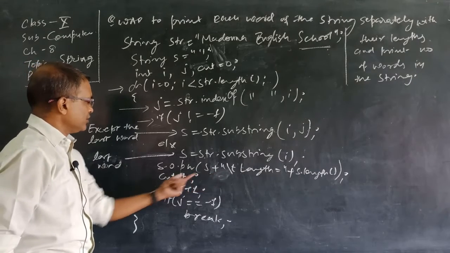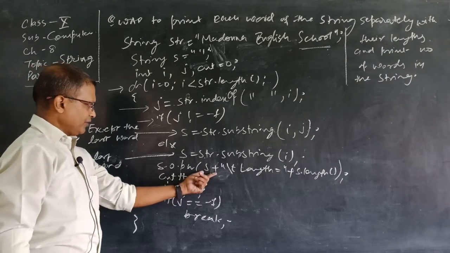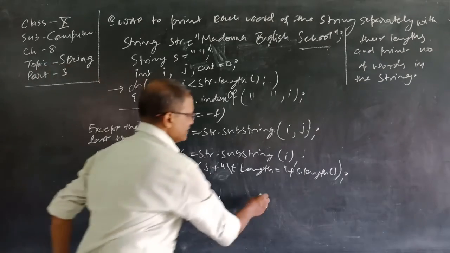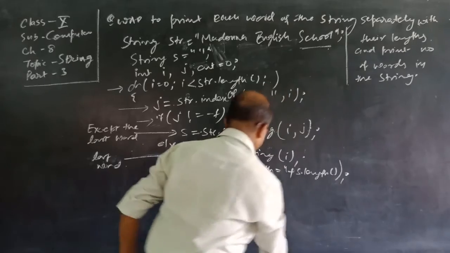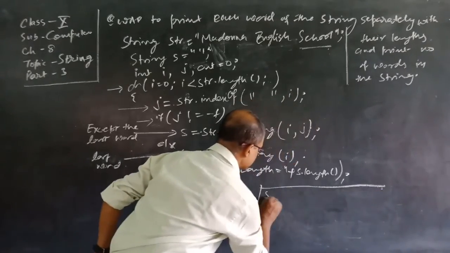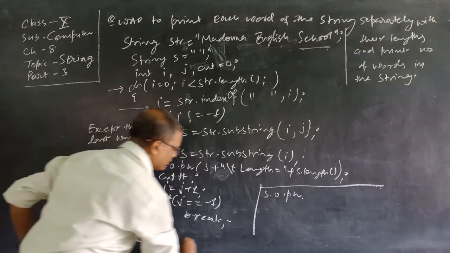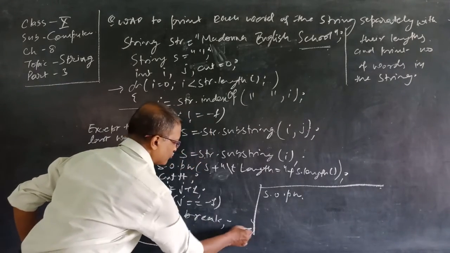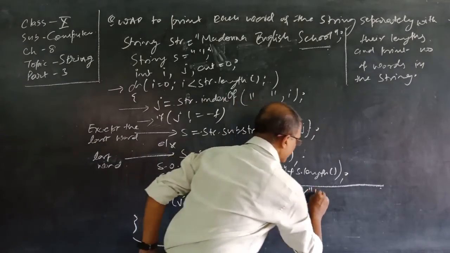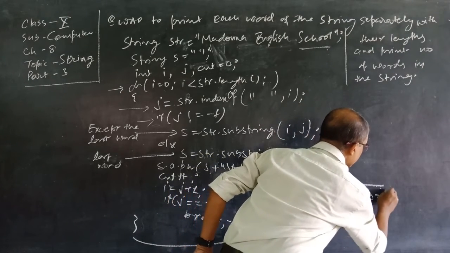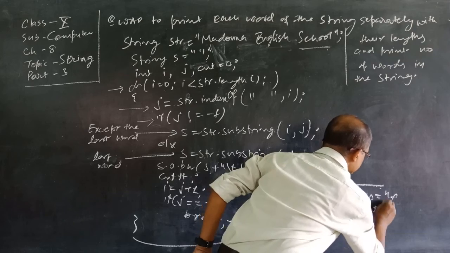As you have got the word, just make it count. First word, counter increment 1. Second word, counter increment 2. Finally, I am going to print the counter with SOPLN after completion of the loop. After completion of the loop, SOPLN number of words equal to plus cnt.